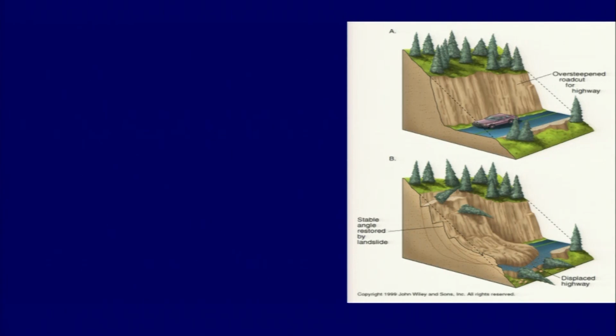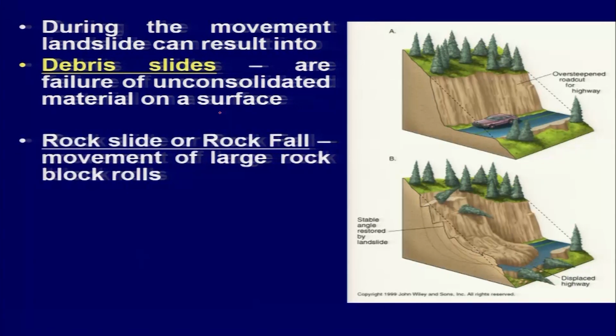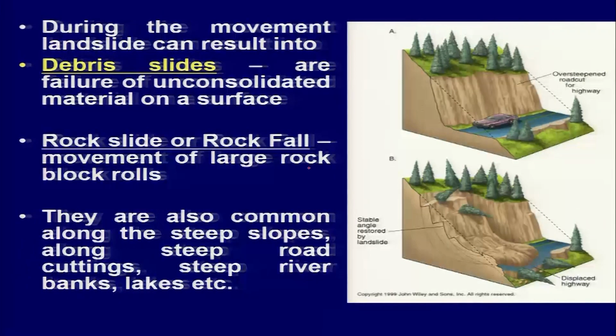So, another example of the rotational slide, as I was saying, the toe portion will be under compression, and then multiple scars are indicative of multiple planes along which the failure will take place. There is another one which we call a debris slide, the failure of unconsolidated material on a surface, a rock slide or rock fall, movement of large rock blocks which will roll down in the nearby area, okay.